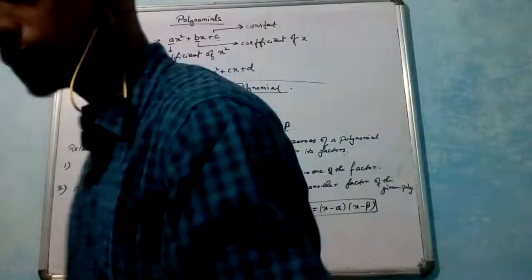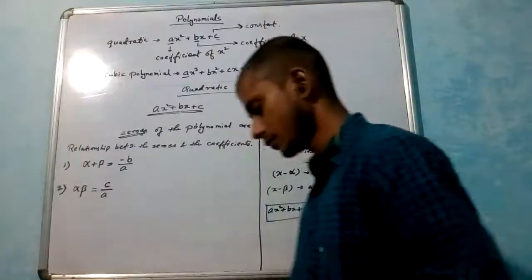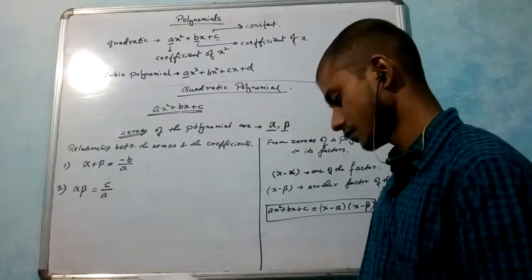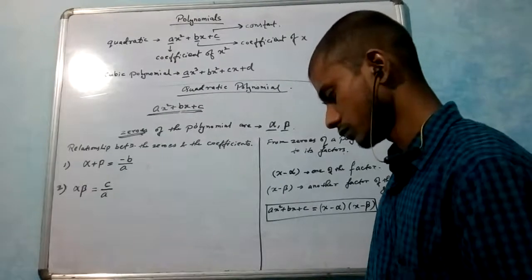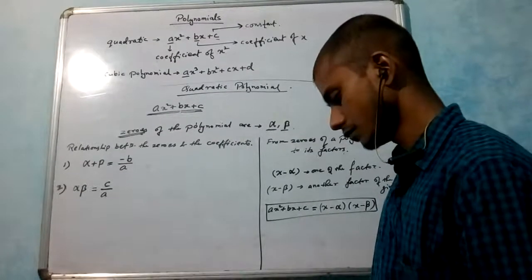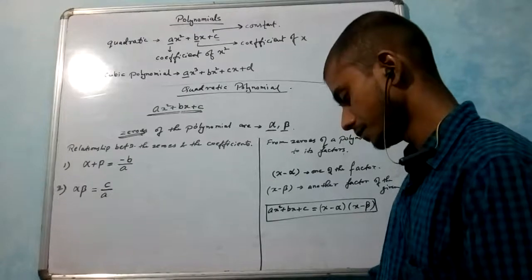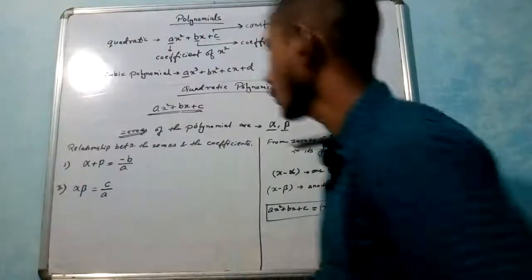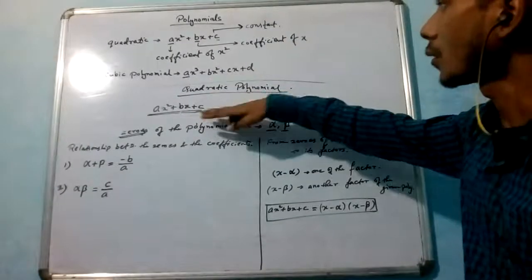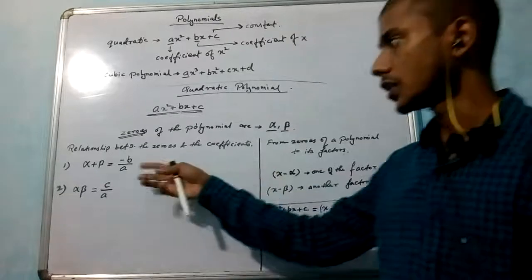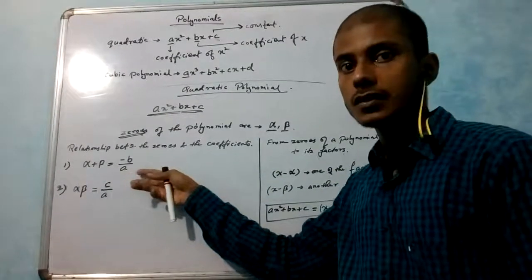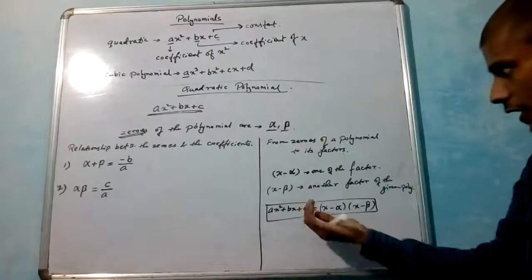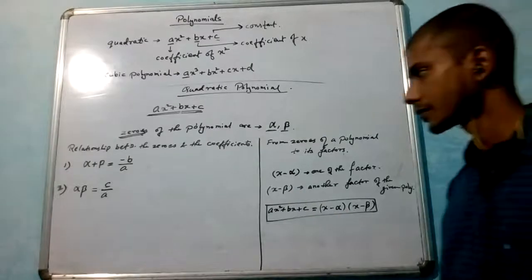This is the relationship. So you have to keep in mind that from the zeros we can find two things. Either we can go to a relation of the coefficients of the given polynomial, or the second thing, we can come to the factors. Fine?